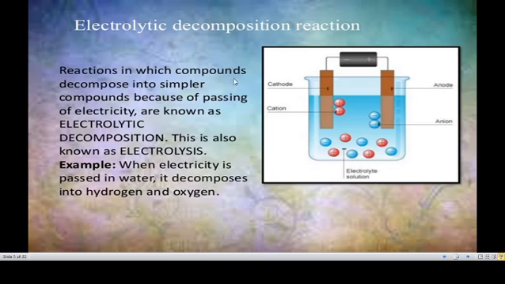Reactions in which compounds decompose into simpler compounds because of passing electricity are known as electrolytic decomposition. This is also known as electrolysis. For example, when electricity is passed through water, it decomposes into hydrogen and oxygen.